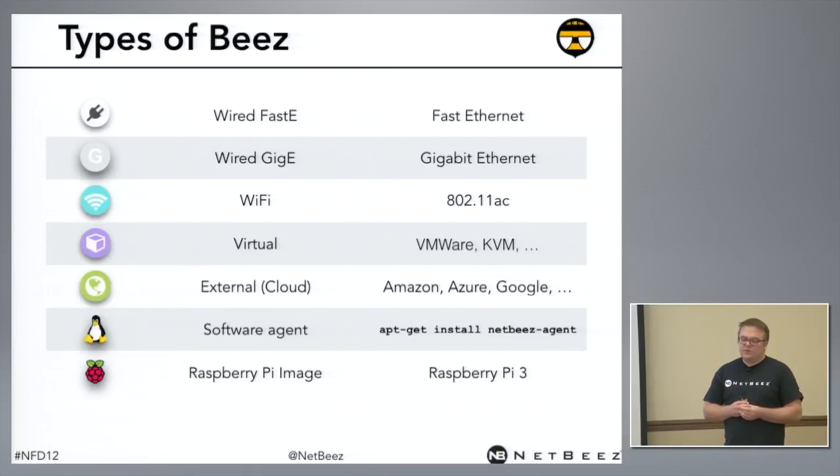And recently we introduced software agents, so if you have your own Raspberry Pi with Debian Linux installed already, you can just run an apt-get command, install the package, and use it as an agent, right? We see many folks actually using the Debian package in home environments.